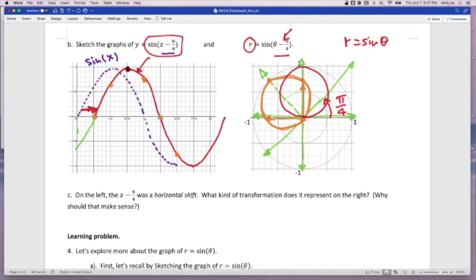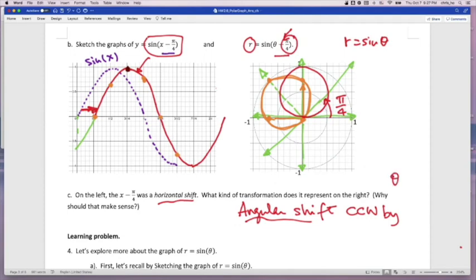So it's an angular shift rather than a horizontal shift, in the counterclockwise direction. If it's theta minus c, it would be rotated counterclockwise by the same amount, c, assuming c is in radians.